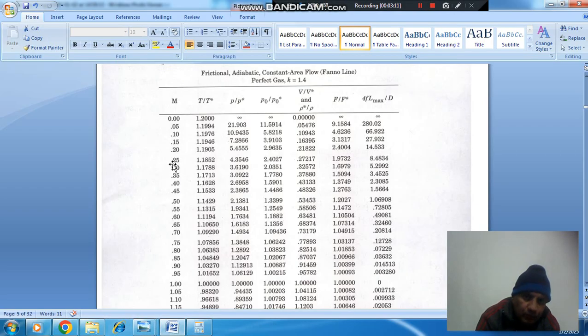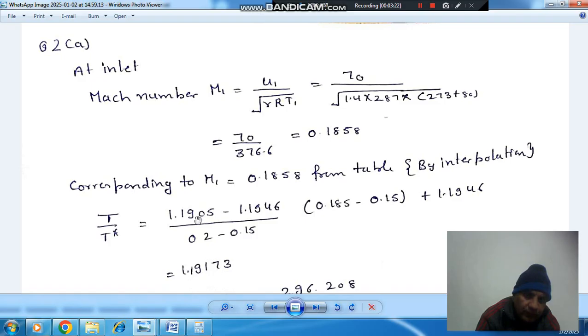So corresponding to 0.15 we have 1.1946 for T by T star, and at 0.2 we have 1.1905. So by interpolation, the rate of change of T by T star is 1.1905 minus 1.1946 divided by 0.2 minus 0.15, and this is the change from 0.15 to 0.185, and at 0.15 the T by T star is 1.1946.